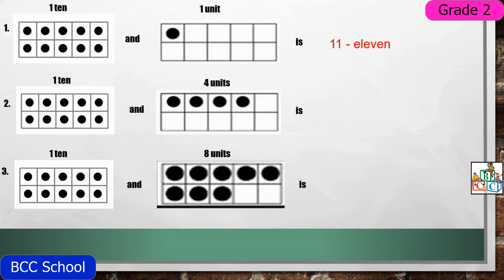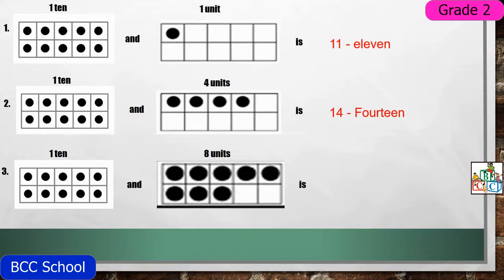If we count all the dots together, we will get 14. How do we write 14? F-O-U-R-T-E-E-N, 14. One more time. F-O-U-R-T-E-E-N, 14.